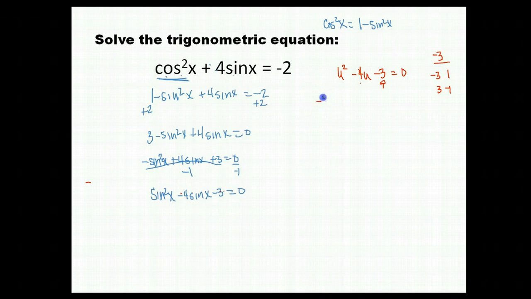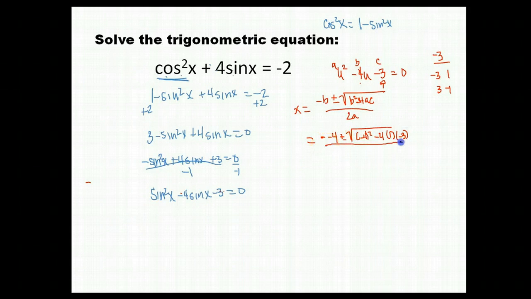Okay, so remember the quadratic formula is that x is equal to negative b plus or minus the square root of b squared minus 4ac, all over 2 times a, where a is the coefficient of our squared term, b is our coefficient here, and c is our constant. So we substitute those values in. b is negative 4, so we have negative of negative 4 plus or minus the square root of negative 4 squared, minus 4 times our a, which was 1, and our c, which is negative 3, all divided by 2 times 1.